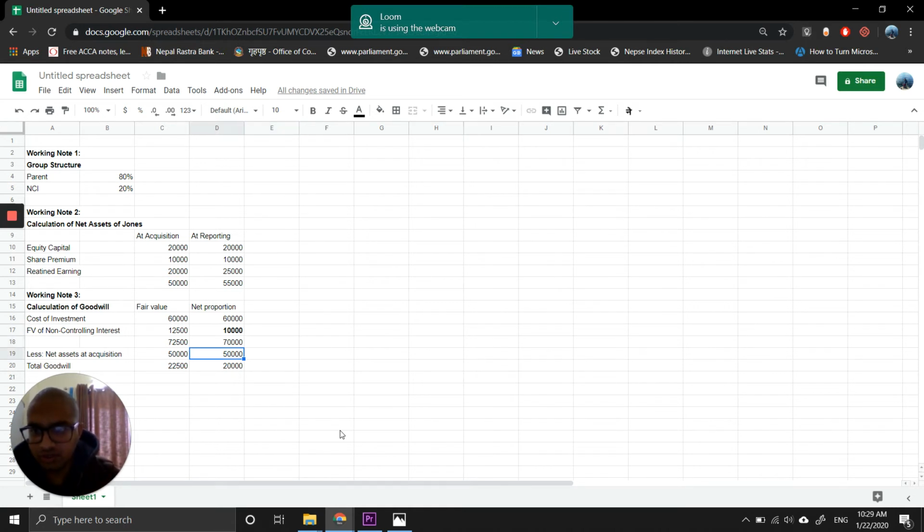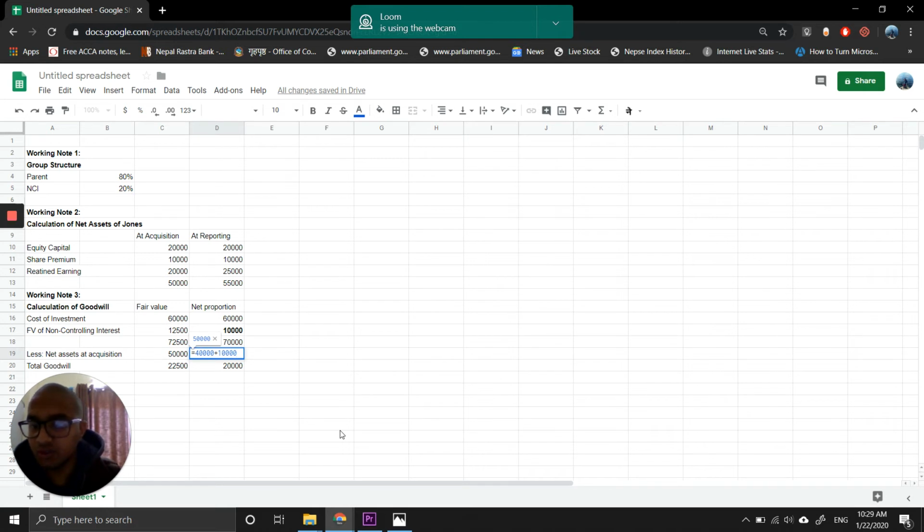So if you were to break this particular figure, this would be 40,000 plus 10,000, right? This figure already contains the 10,000. So you are adding this 10,000 in the above, and then in the below you're just eradicating it, so there is no part of the NCI.